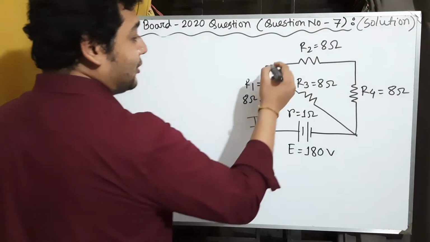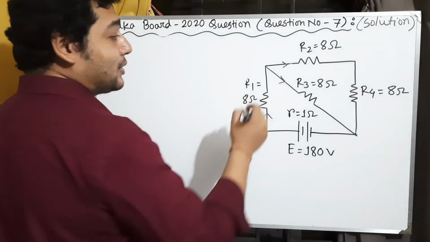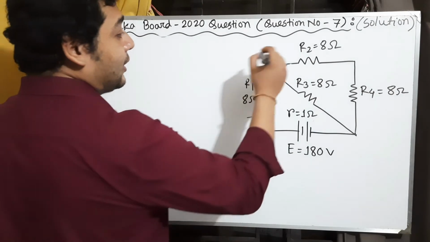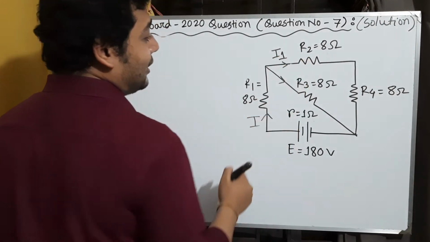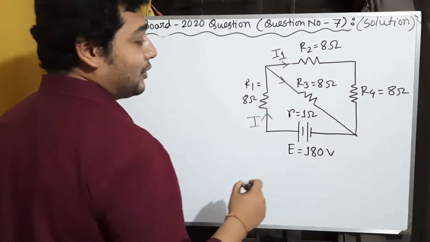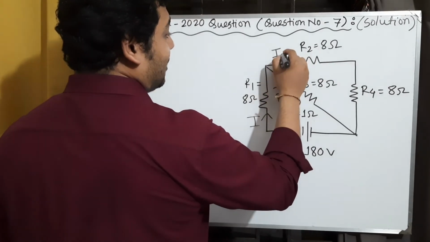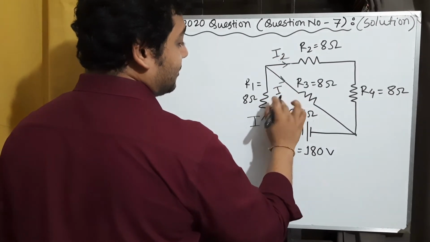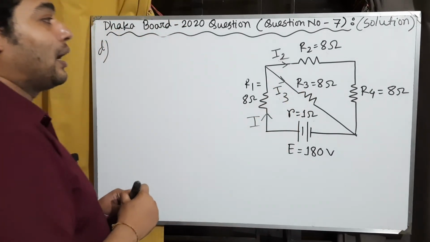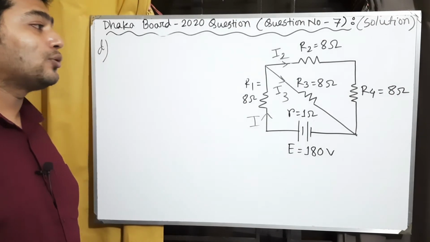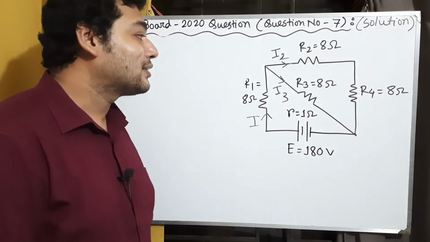According to the figure, this current will divide into two parts from this point. Suppose I2 current is passing through R2 and R4, and I3 current is passing through R3.